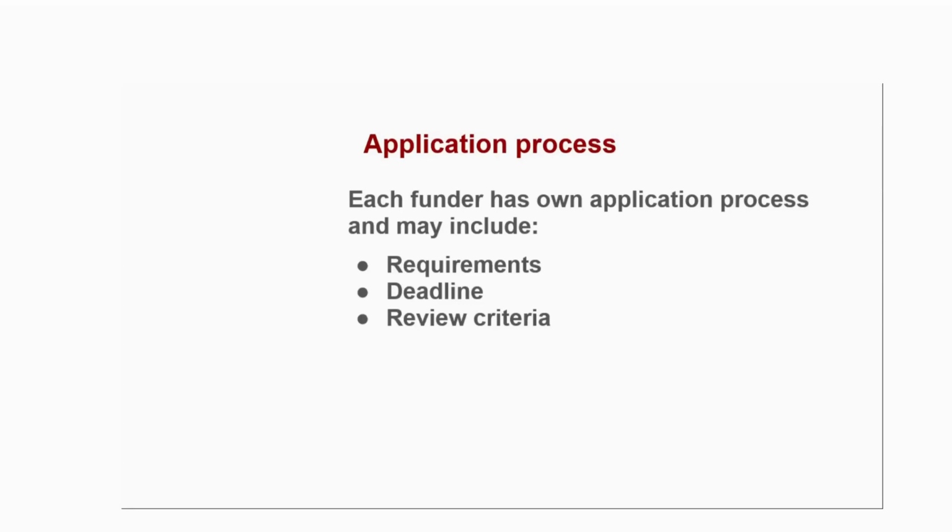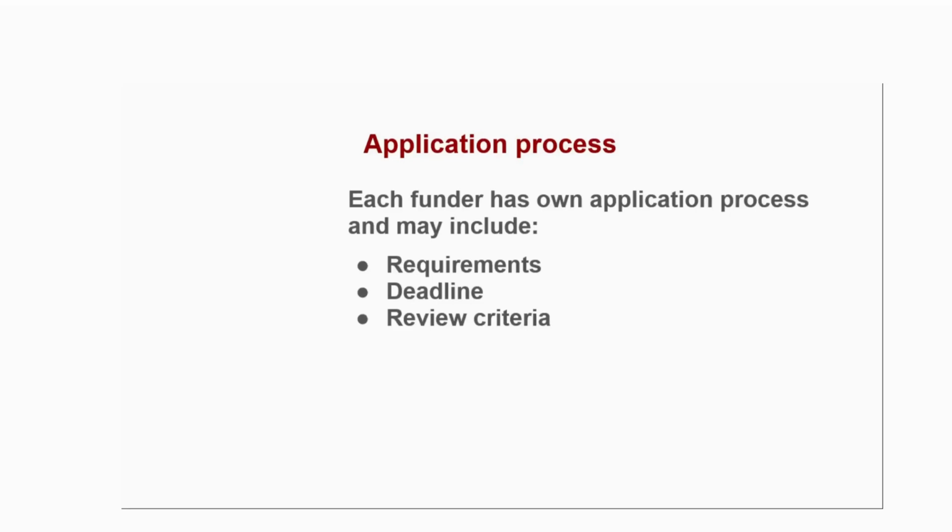Then another important thing to note during application is the deadline. The deadline for application is very important. Organizations have a set-aside time for every activity of their grant donations and so on.